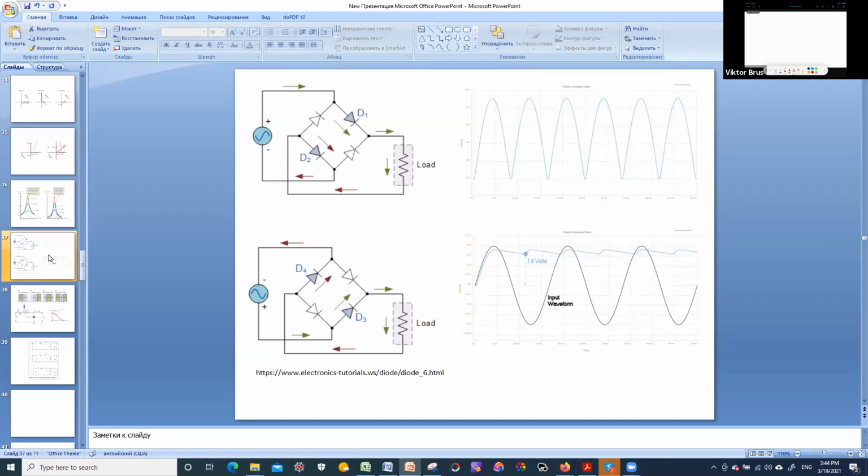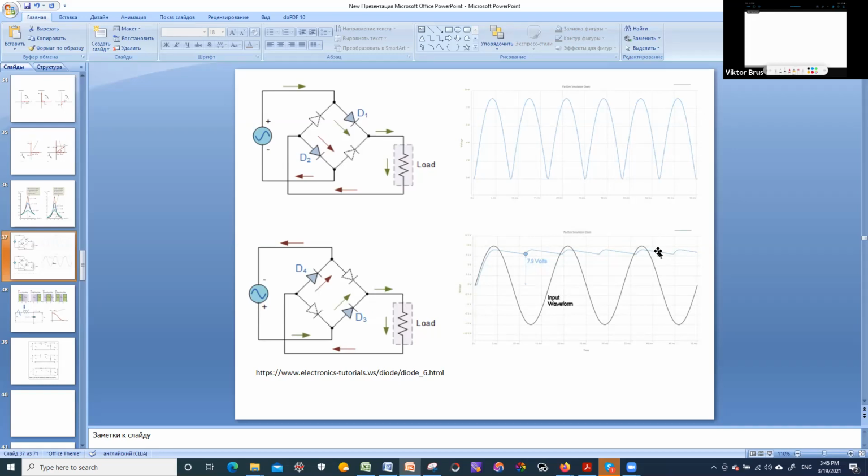So in that case, it will be working, however, not very efficiently. We have a sinusoidal signal up and down, but it will pass only one polarity. So it will go here up, then here will be 0, here again up, here 0.